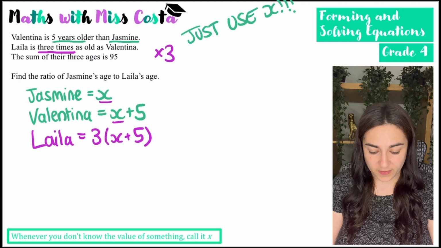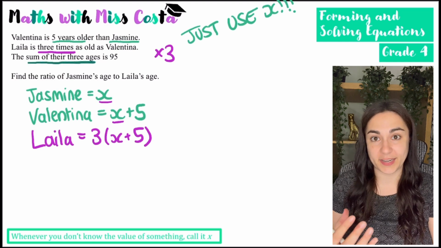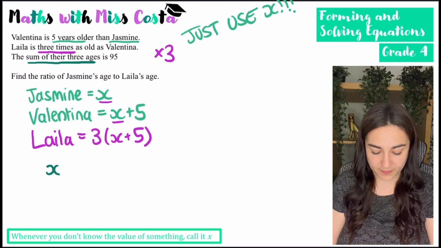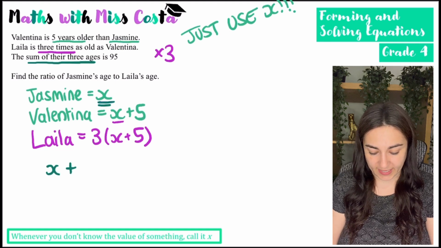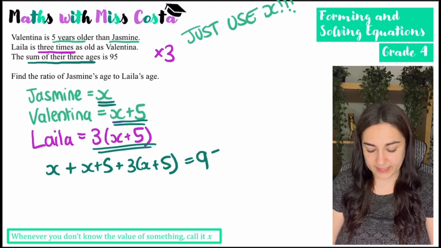And I know that the sum of their 3 ages is 95. So these 3 expressions added together are going to give me 95. So Jasmine's age, which is x, plus Valentina's age, which is x plus 5, plus Layla's age, which is 3(x plus 5), must equal 95.